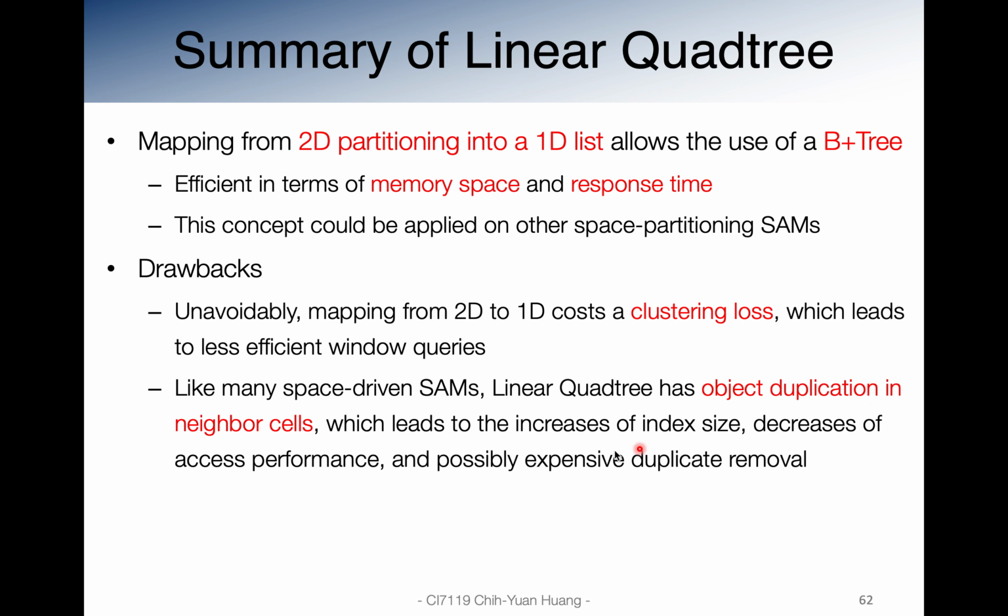Not only that, those redundancies will also increase the index size. So the problems are an increase in index size, a decrease in search performance, and a possibly expensive duplicate removal procedure. Those are the problems for all the space-driven approaches.